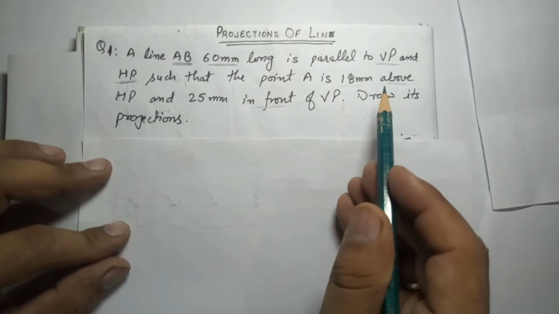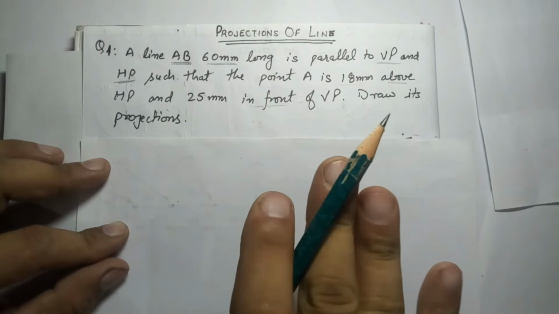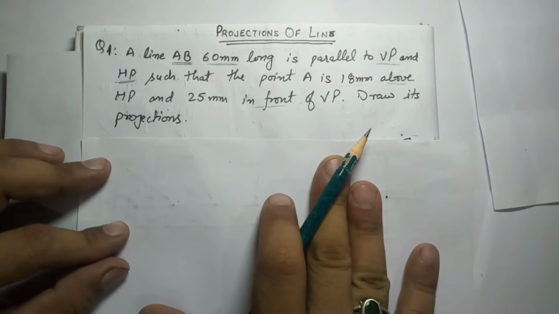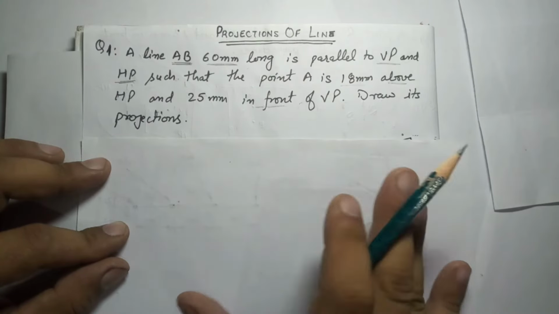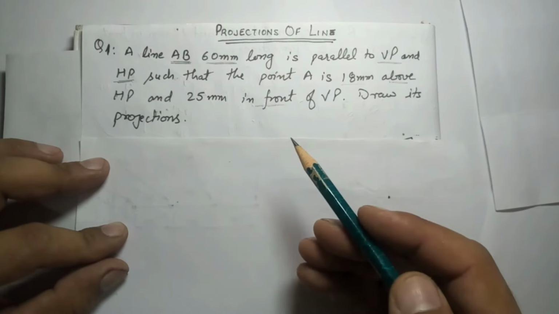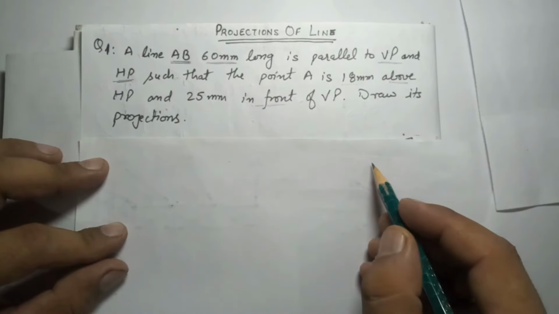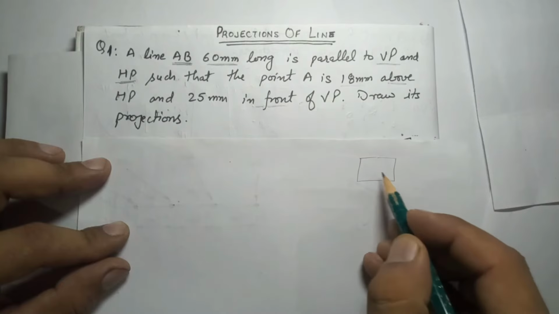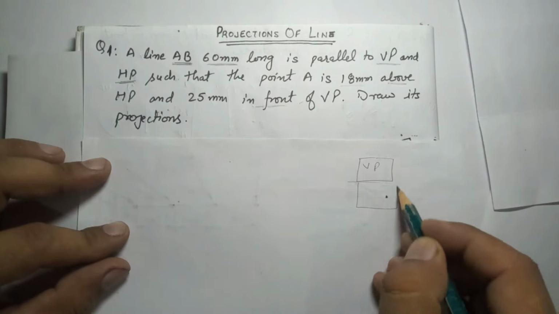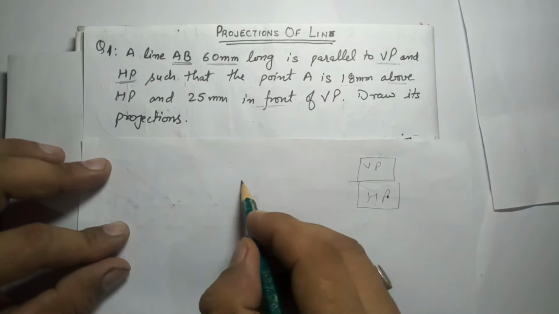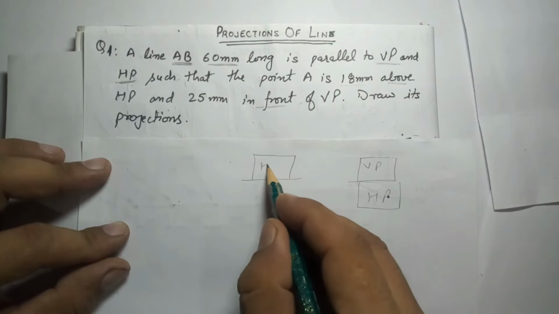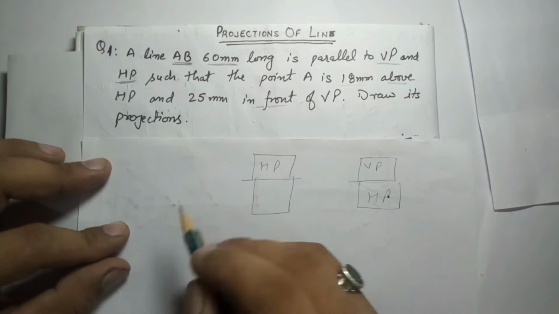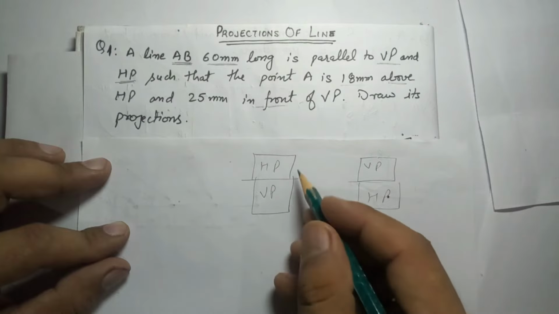Above HP and in front of VP means first quadrant. I will solve all the questions in the first quadrant. If the same question comes in the third quadrant, it will just be a reverse. You know that in the first quadrant, VP is above the XY line and HP is below the XY line. But in the third quadrant, HP will go above after rotation. If you have seen that video, it is very easy to remember.